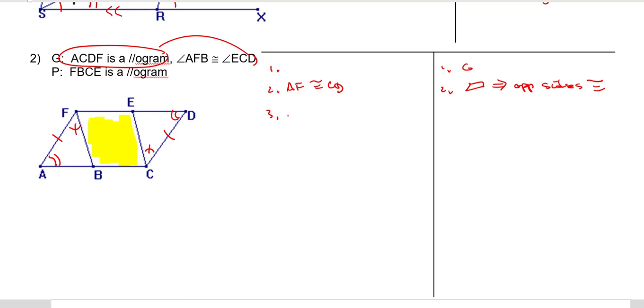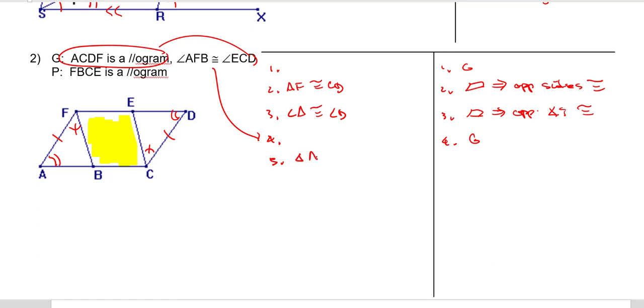I know that angle A is congruent to angle D. If a parallelogram, then opposite angles are congruent. I got this given right here, which means that the triangles are congruent. So AFB is congruent to triangle DCE by angle, side, angle. So it's from steps 2, 3, and 4.